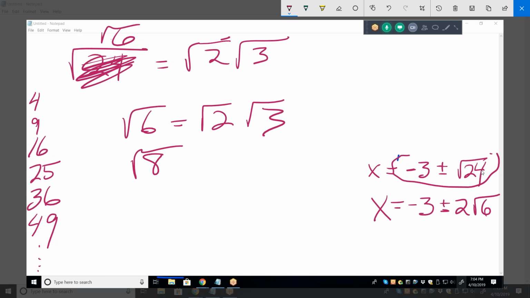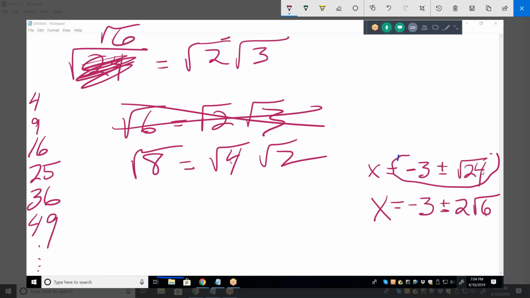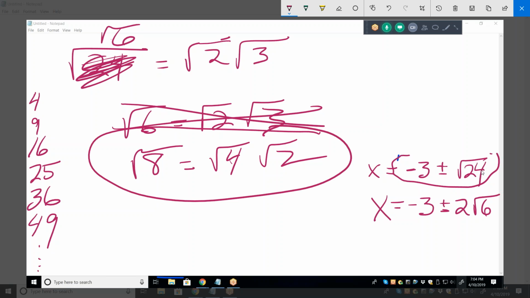How about that one? Can we do that one? No. Well, how about, there's that perfect square number. See what I'm doing? Let's go back if you're not certain.